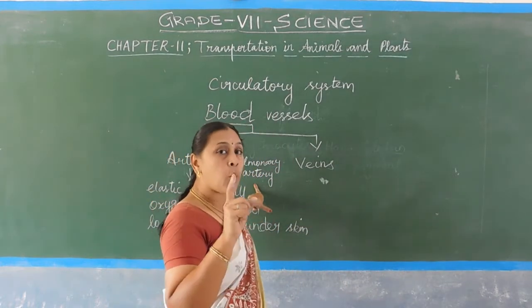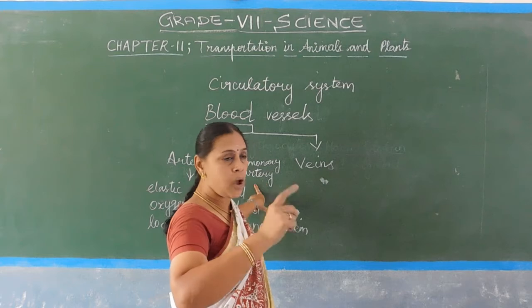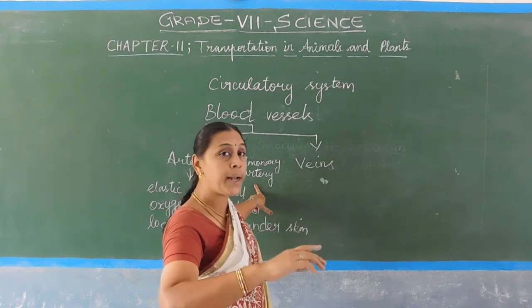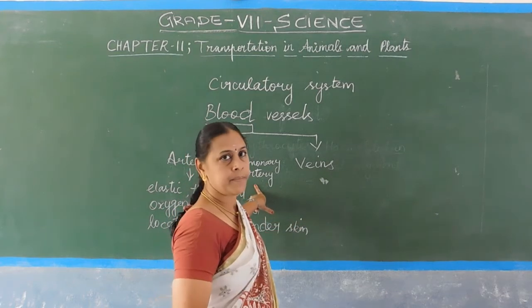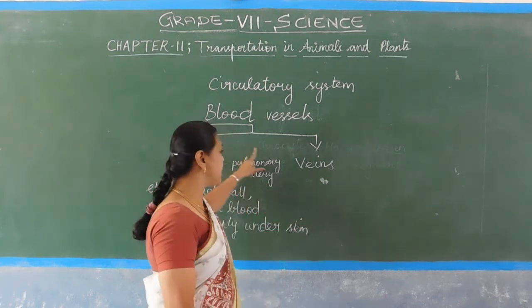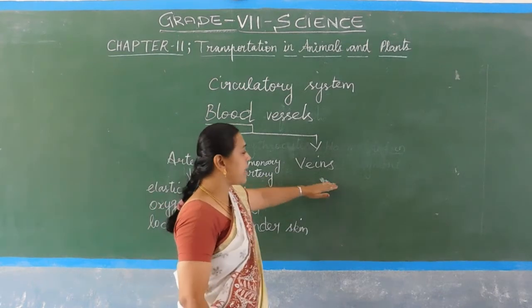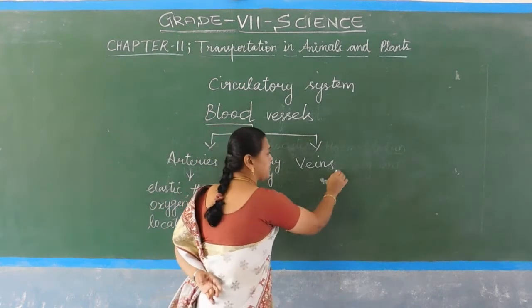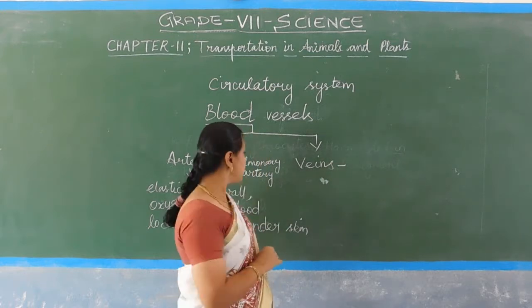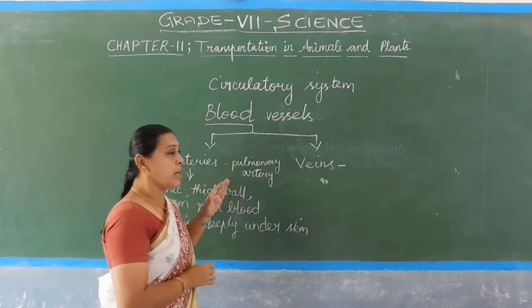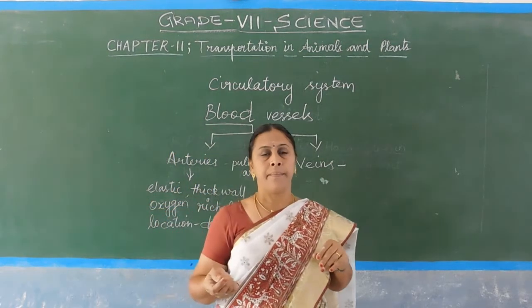It carries only the deoxygenated blood, that is carbon dioxide-rich blood. It won't carry the oxygen. Next we shall see about the veins. And this artery will be seen in a red color.